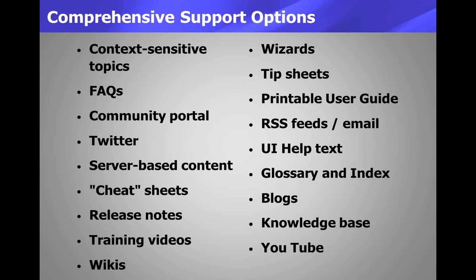But the idea is that people learn in different ways. We're always having new technologies at our disposal, and I think it's important to think of all the different possible ways that we might be able to inform our customers, and be ready to have those available to use in different projects, and to get off the safe spot of having a traditional PDF printed manual and a CHM compiled help file, or even web help for that matter, because there are so many different ways that we can get information across to our customers.